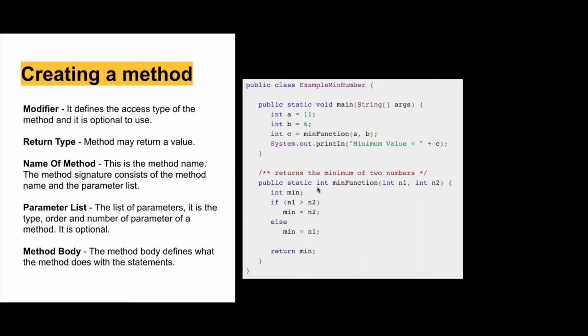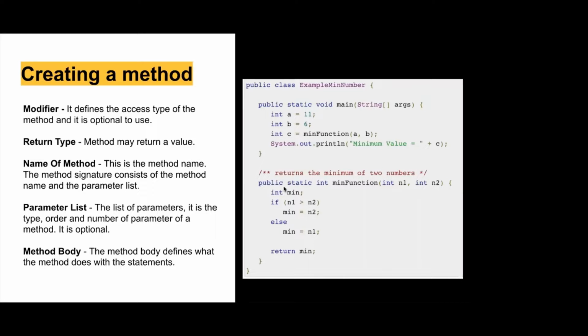Then we will take a look at this mean function method. Public static: those two are modifiers. Sometimes we can just ignore the static. This is optional.